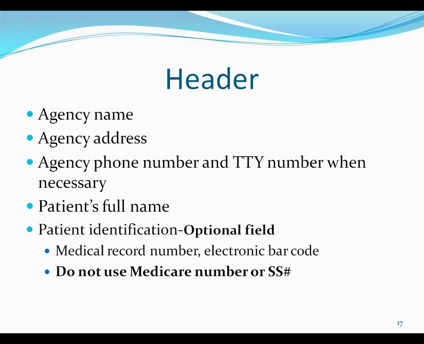It is an optional field. You do not need to put anything there. However, if you want to put the patient's medical record number, or if the patient has an electronic barcode that you use, that is permissible to do so. But do not use the Medicare number or the Social Security number.